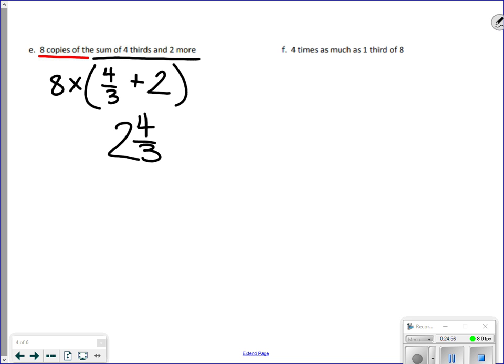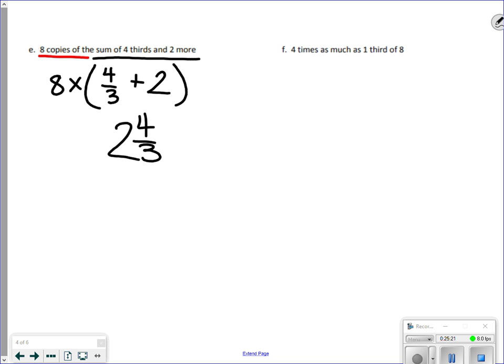I just take the whole number and I add it to my fraction. I just got finished telling y'all that. I know, I remember. I know it's improper, but when it's in the middle of a problem, what do I do? I leave it. I'm going to wait until I'm finished.